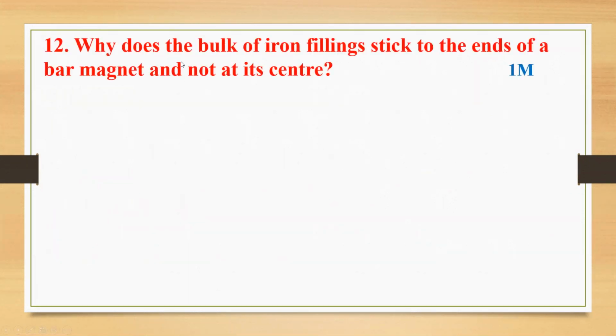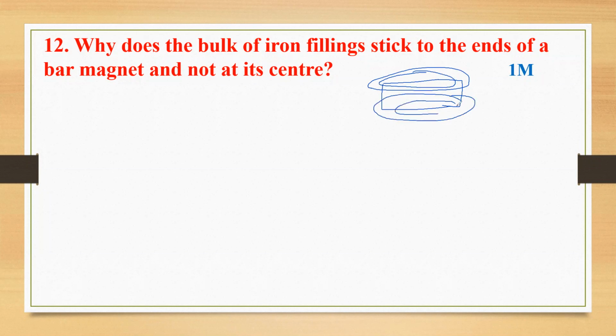12th one. Why does the bulk of iron filings stick to the ends of a bar magnet and not at its center? It's a very good question. When you draw the magnetic field diagram of a bar magnet, you draw the magnetic field lines around it, and at the poles you draw many lines.